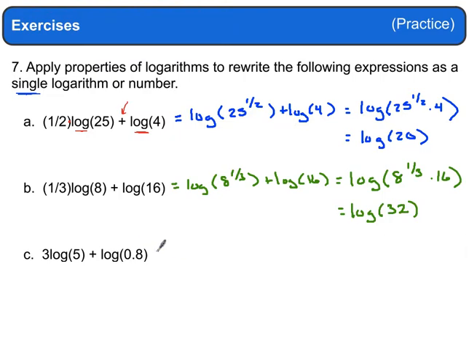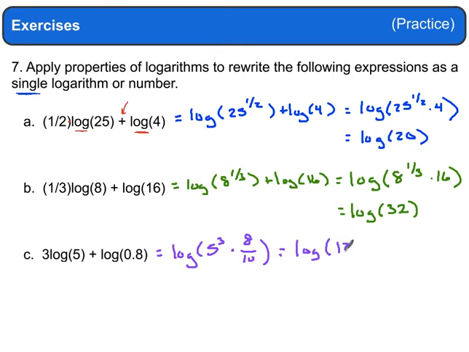Same idea here. We can move the 3 to the inside with the 5. Right now, if we start to combine steps a little bit, we can also note, just so I'll do this for this one, if this is a plus sign, then I know that I'm also going to be multiplying by 0.8, or we could just say 8 over 10. We'll reduce that in a minute. So the 5 cubed is going to be 125.